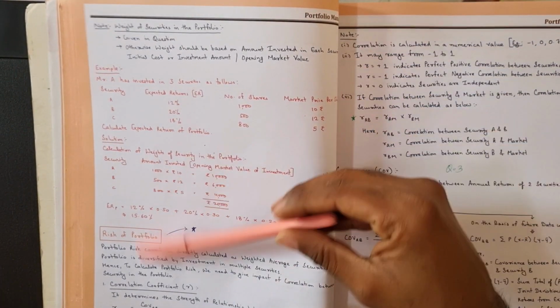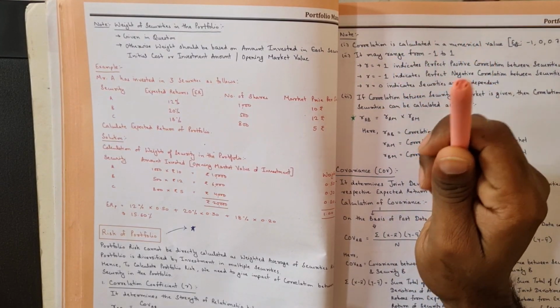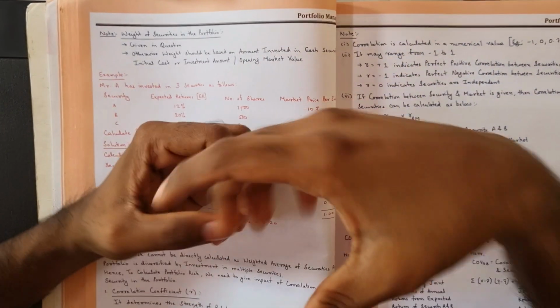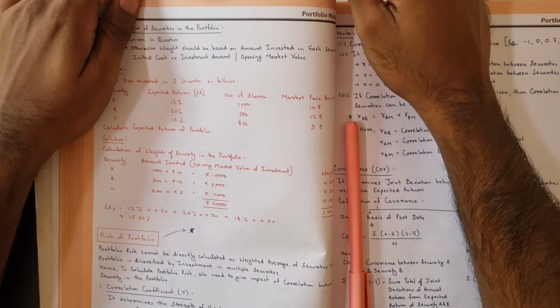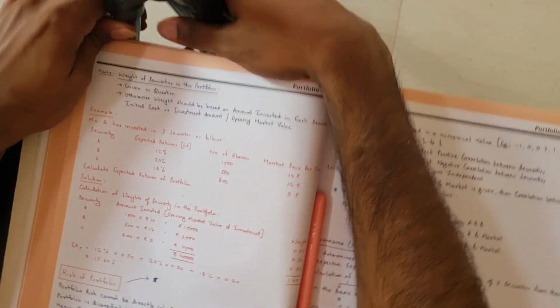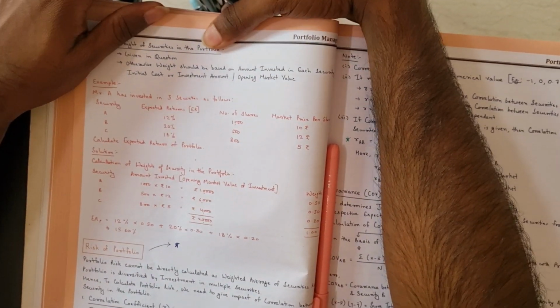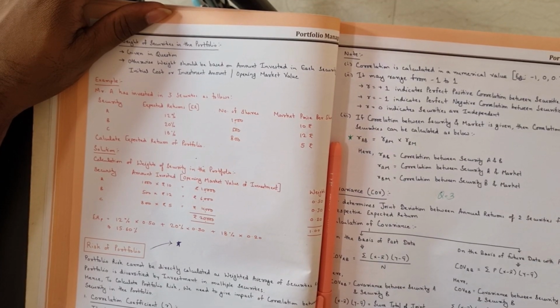Next, risk of portfolio. What is the risk of portfolio? Now what we did, we calculated portfolio return by doing a simple average of it. In return, there is nothing; we can just do a weighted average.